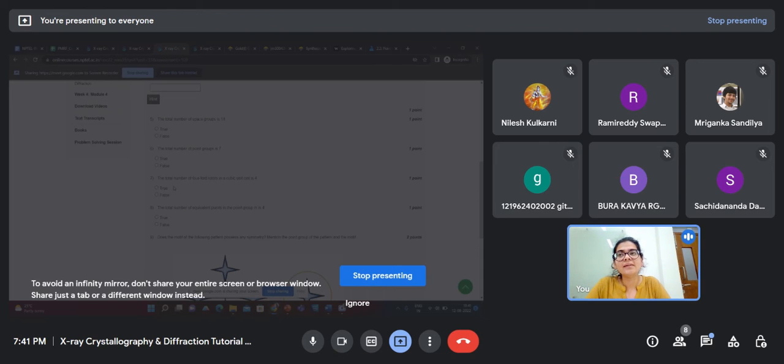In a cubic unit cell, how many faces are there? Six faces. So from each two opposite faces, one axis will go. If I am passing a fourfold axis through these two opposite faces, there are total six faces, so how many axes will come?